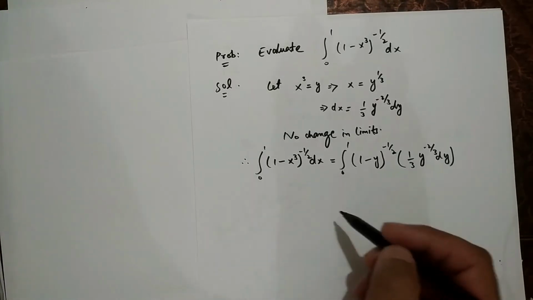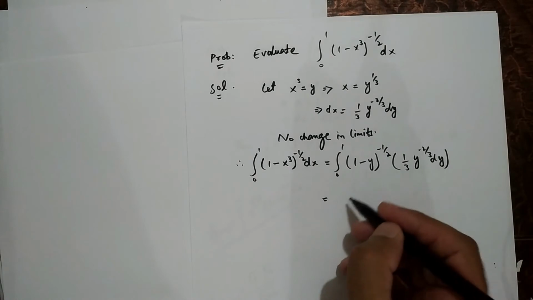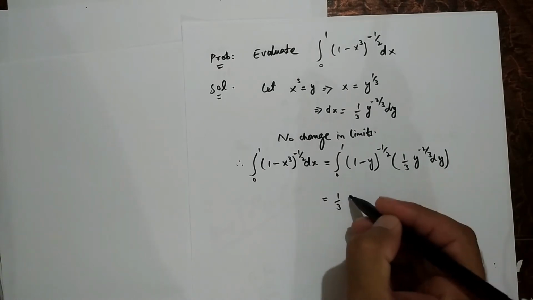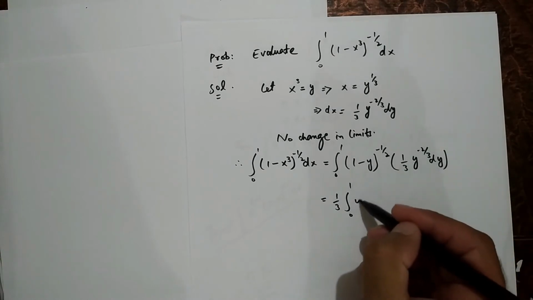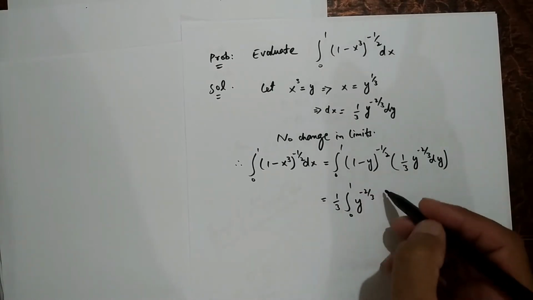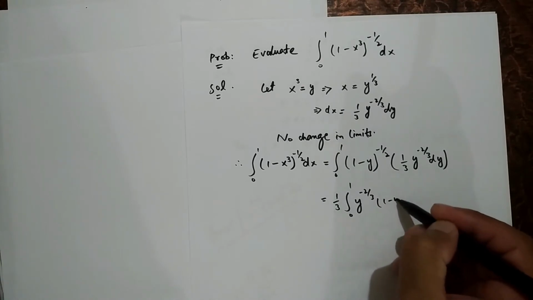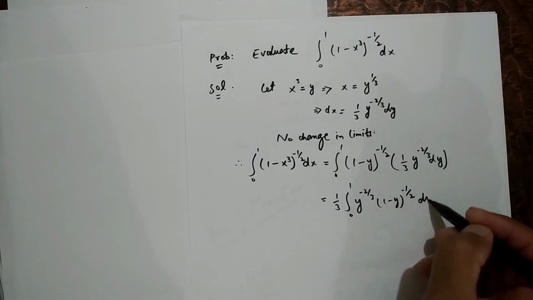Now I can bring this 1 over 3 out of the integral, so this will be 1 upon 3 into the integral from 0 to 1 of y to the power minus 2 upon 3, and then 1 minus y to the power minus 1 over 2 into dy.